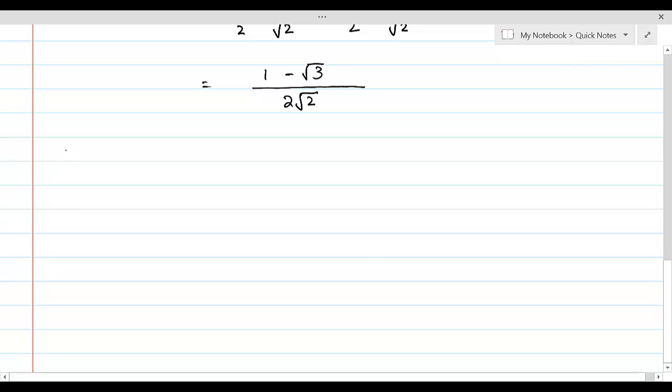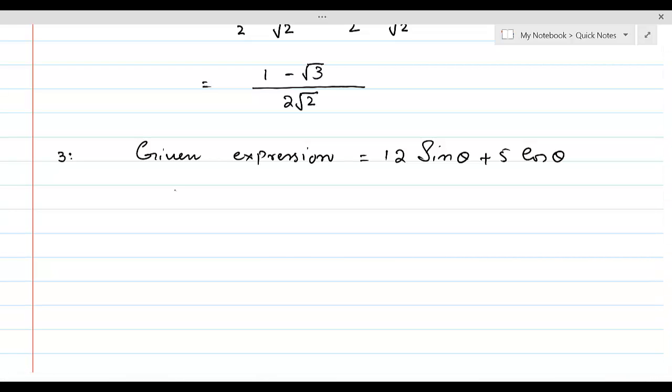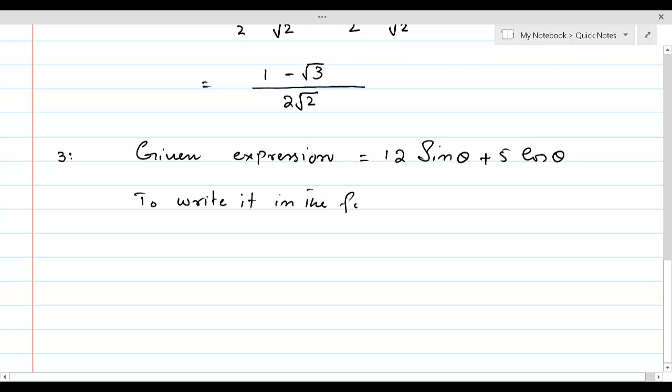So the given expression, question number 2, is 12 sine theta plus 5 cos theta, and we want to write it in the form of r sine of theta plus phi.